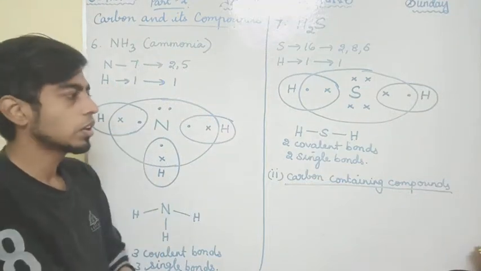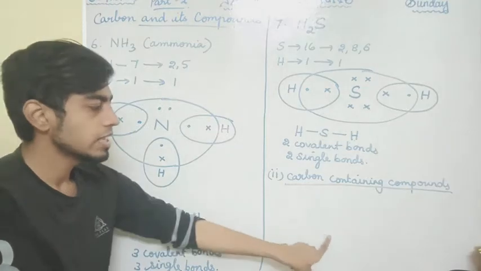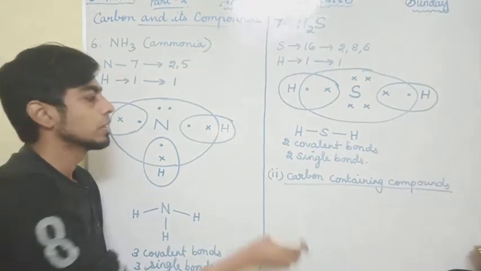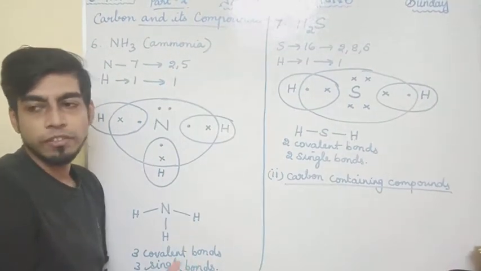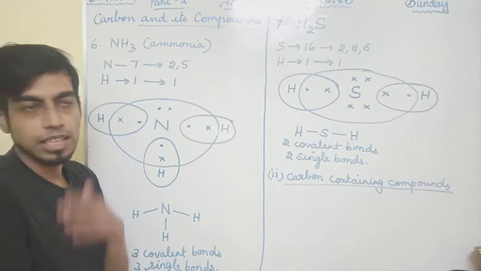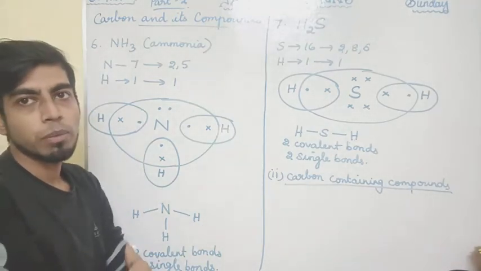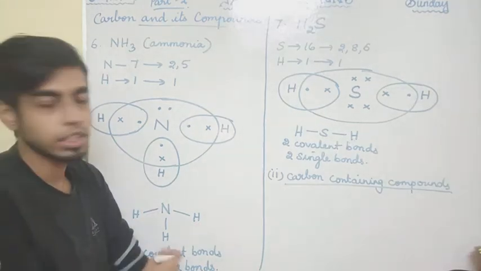So what are the electron dot structures we are going to draw? That and all first I will write. In that one by one we will draw. Okay. So in non-carbon containing they will ask only sulfur mostly. Many times they have asked S8. Okay. Now in carbon containing compounds, what are the electron dot structures we have to learn?